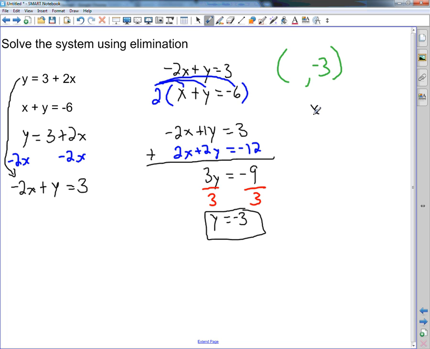So we have x plus y equals -6. I'm going to take the -3, drop it in. That's going to give me x. Go ahead and erase that so we keep the same colors. So we have x plus a -3 equals -6.